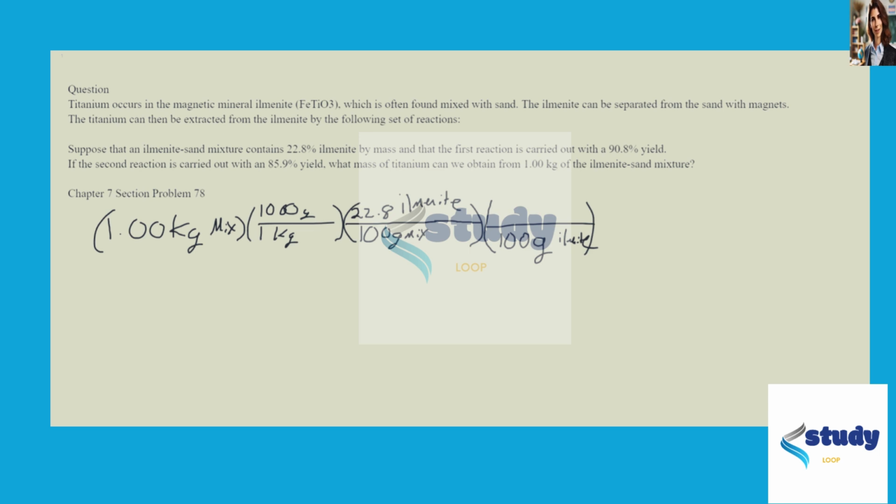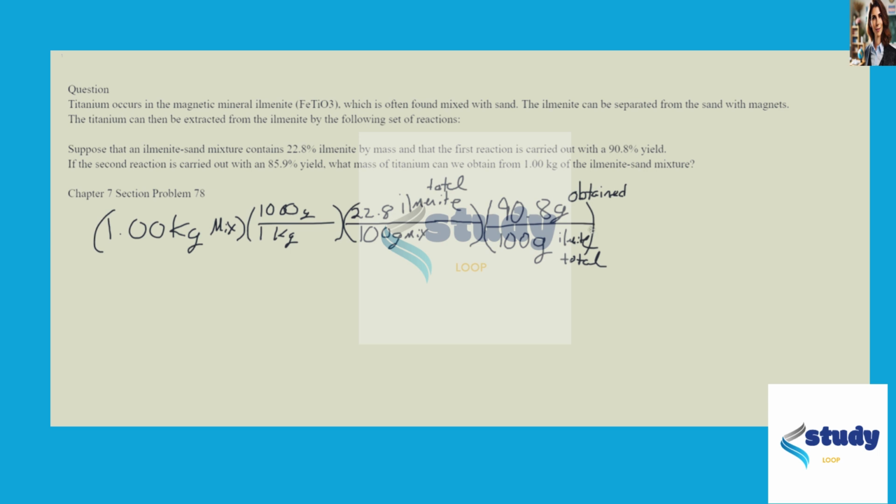So while this previous one explained the grams of ilmenite, we have to calculate how much we're actually going to get. So for ilmenite total, only 90.8 grams are going to be obtained of ilmenite.